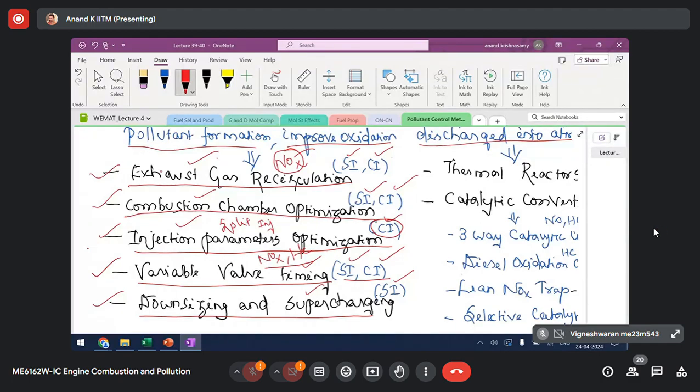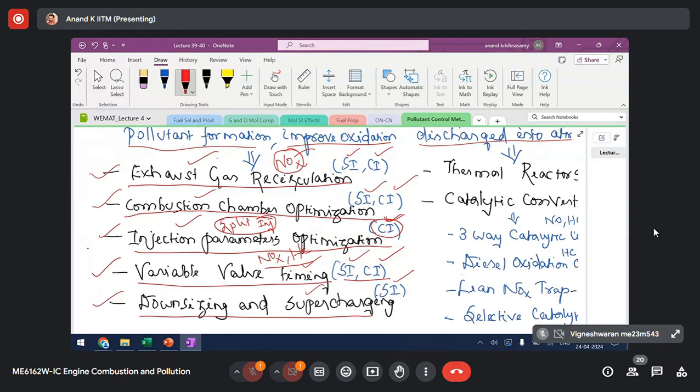We also go with split injection, as we discussed in the previous class. All of these are applicable to in-cylinder fuel injection. In an SI engine, we inject fuel outside the cylinder. It's a port injection. For port injection, these injection parameters do not have any significant influence on the pollutant level. That's why I say this is more adaptable for the CI engine, compression ignition engine.